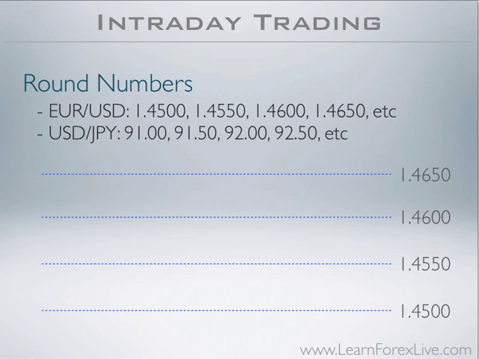our intraday trading strategies. Let's assume we are trading the euro against the American dollar, and therefore our round numbers are 145.00, 145.50, 146.00, 146.50, etc. If we get a market reaction at 145.50, let's assume a bounce reaction, chances are price will tend to gravitate away from this number towards the next one immediately above, in this case 146.00.